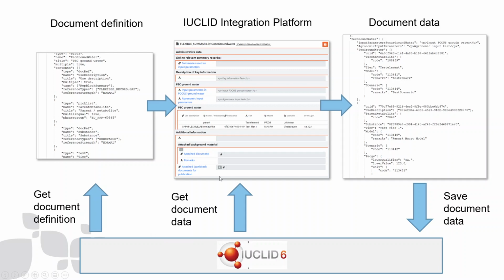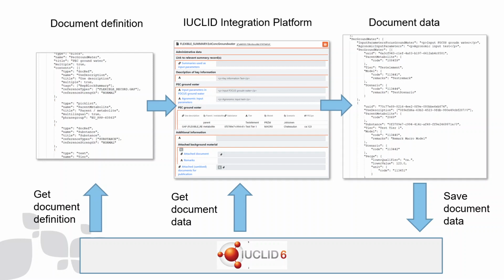At the same time, we get the existing document data, if there is a document, and then this tool from this information automatically creates the attribute mask and includes the document data. This is very much similar to the approach IUCLID is doing in its own native IUCLID interface.